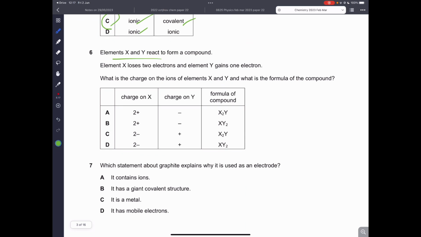Question number 6. Elements X and Y react to form a compound. Element X loses 2 electrons, element Y gains 1 electron. What is the charge of the ions of X and Y? What is the formula of the compound? Well, element X loses 2 electrons. If we lose electrons, the negative charge gets reduced, therefore it becomes positive.